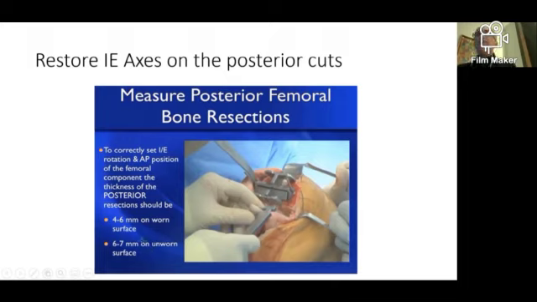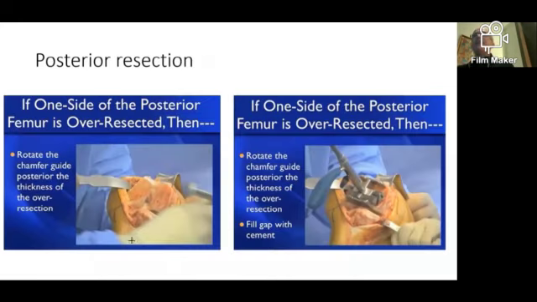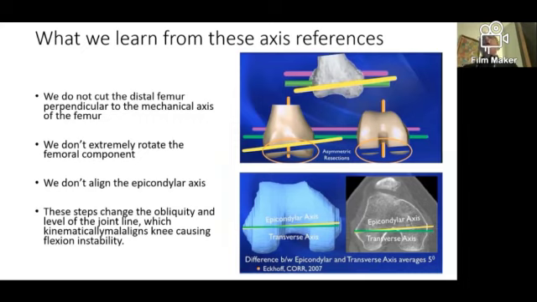But if you have resected a little bit more in posterior in one part or another, you have to just rotate the chamfer here, guys, posterior of the thickness, and over resect and fill the gap with the cement. You have 1 or 2 millimeters, then you can over cut, and you have to fill them with the cement to give the good position of the femoral condyle.